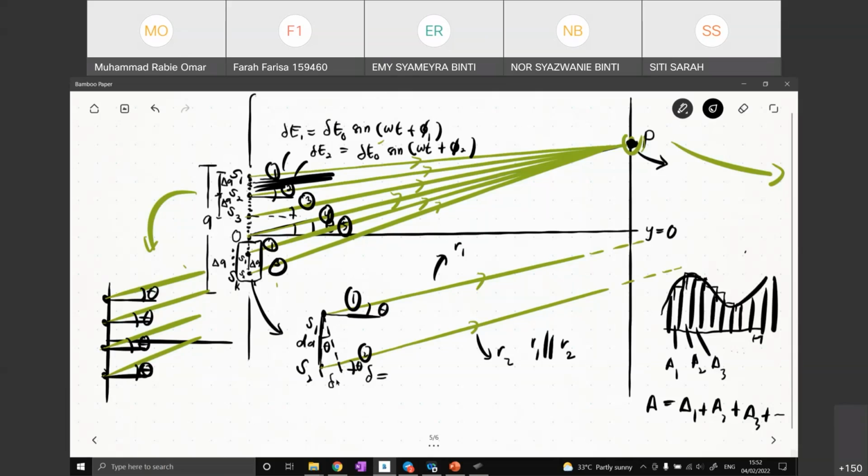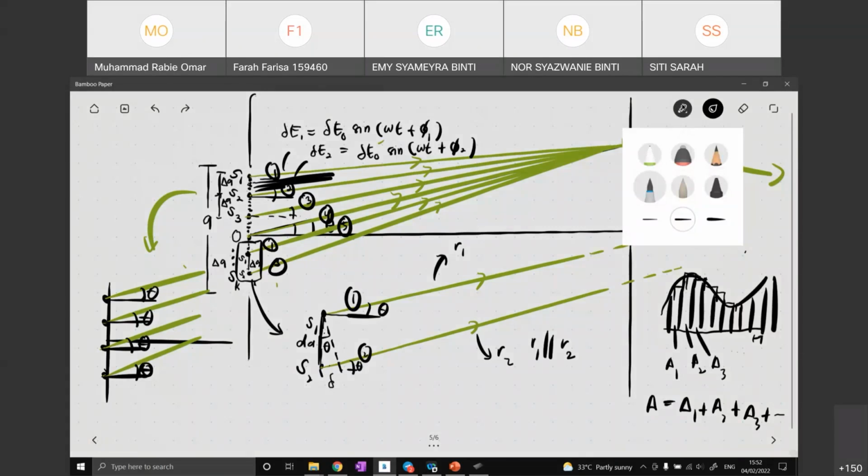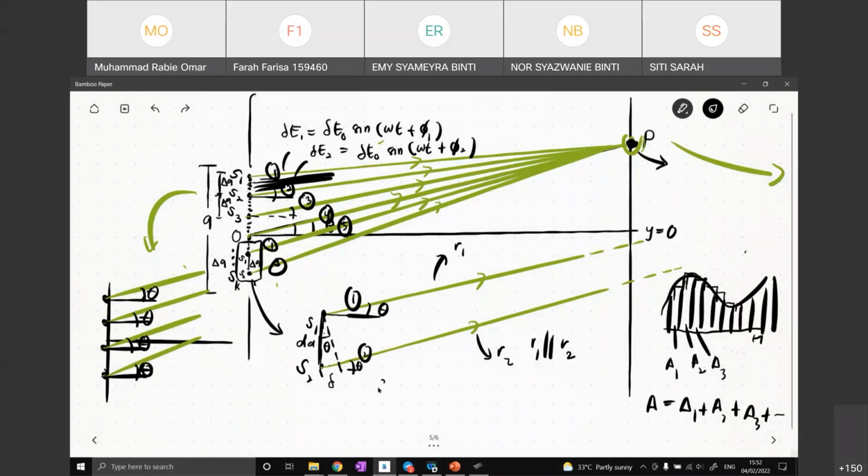So I repeat, my path difference will be sine of theta as O divided by A. So my sine of theta is equal to delta divided by dA.